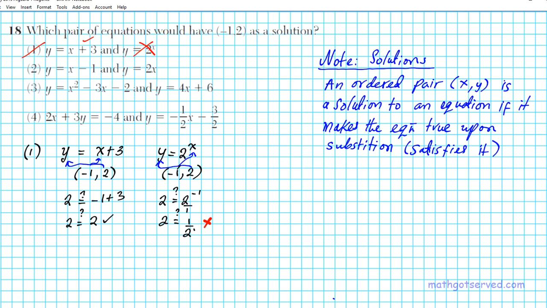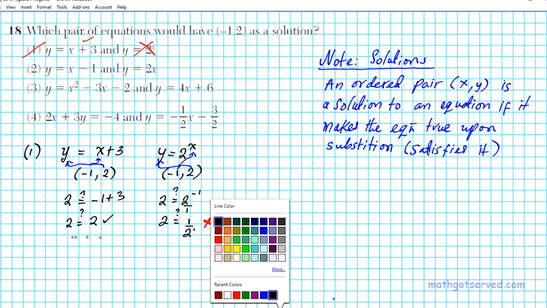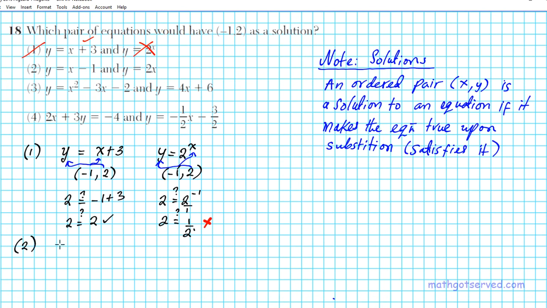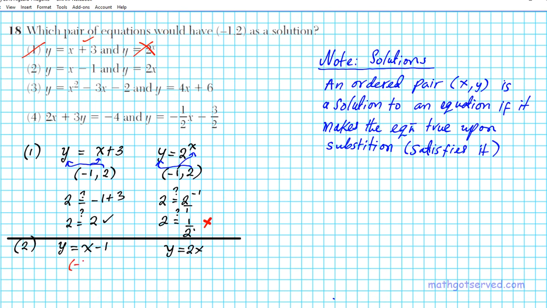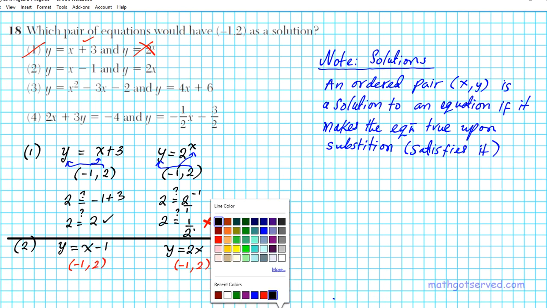Alright, let's move on to option number 2. We have two functions, both of them linear: y equals x minus 1 and y equals 2x. Is negative 1, 2 a solution for both equations? We plug in the x and the y.